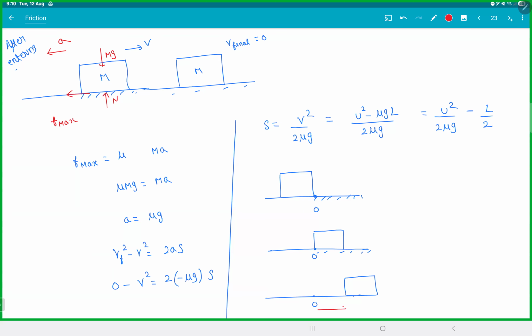This distance was S, which you calculated, and initially this distance was L. So if you just look at the backside, it has traveled how much? L plus S. So the total distance the block travels is L plus S, which is u square by 2 mu g plus L by 2. Check.